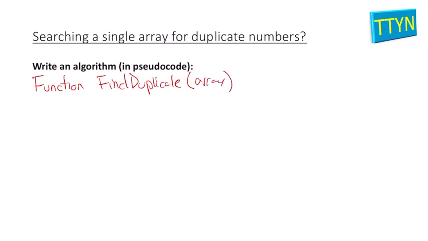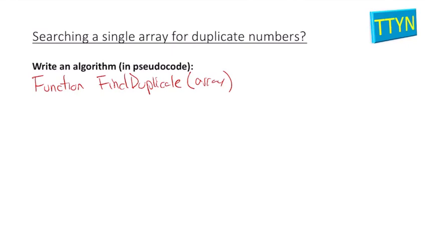Like I said, we could do the quadratic solution and compare every number to every other number, which is a really naive solution. The one we're doing here is fairly naive too, meaning it's not optimal. But let's do something a little bit better, something in between the optimal solution of using a hash table and something really bad, like doing nested for loops.